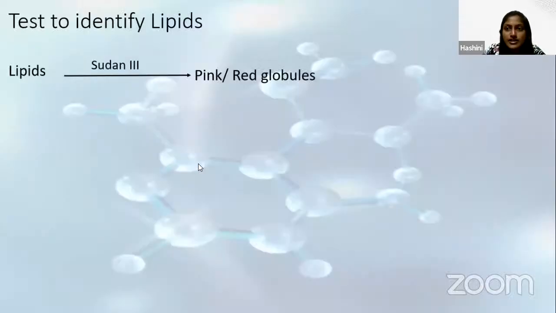There is some error. Okay, you can see it on YouTube also. So you get pink or red globules in the lipid test when we add Sudan 3.